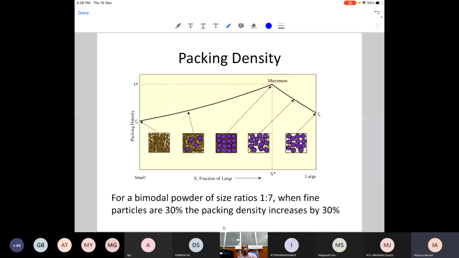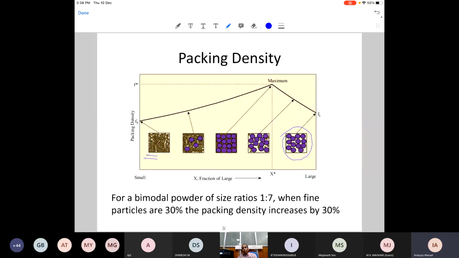Now, powder processing becomes very important here. If you have very small particles, say a few hundred nanometers or sub-microns, and on the other end very large powder, several microns in size, you cannot get good packing by using only very fine powder or only very coarse powder.